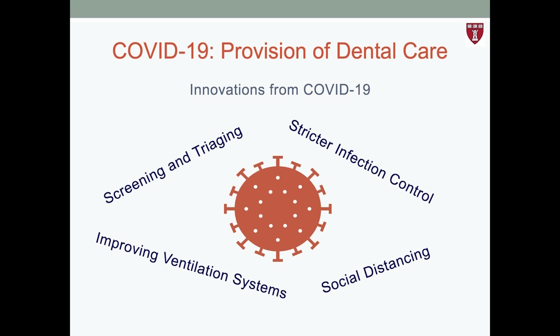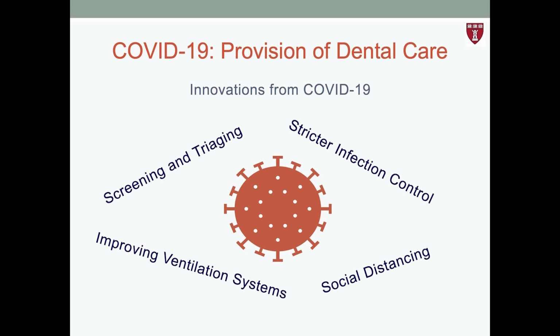Globally, dental practices established screening and triaging protocols. Strict social distancing was implemented. Ventilation systems were improved. Infection control measures were increased, involving bioaerosols, pre-treatment antiseptic rinses, and increased PPE like N95 masks, face shields, shoe covers, or even isolation gowns.